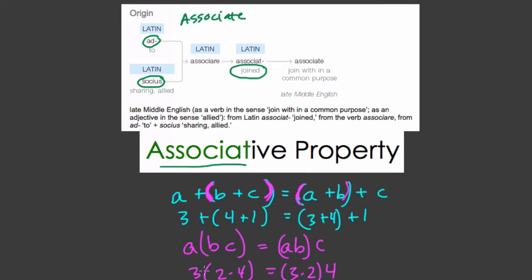Well, yes, of course. 3 times 8 is the same thing as 6 times 4. They're both 24. Now again, with any of these properties, this applies to any number of terms. This will work, right? So we have 3 terms, A, B, and C here, but we can use any number of terms, right? And this will still hold.